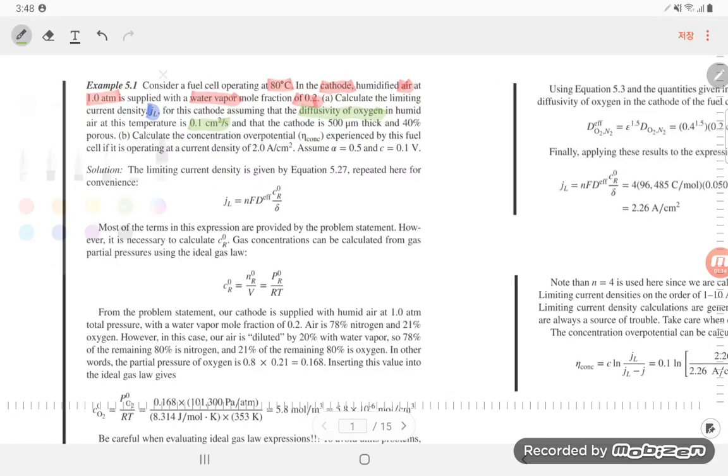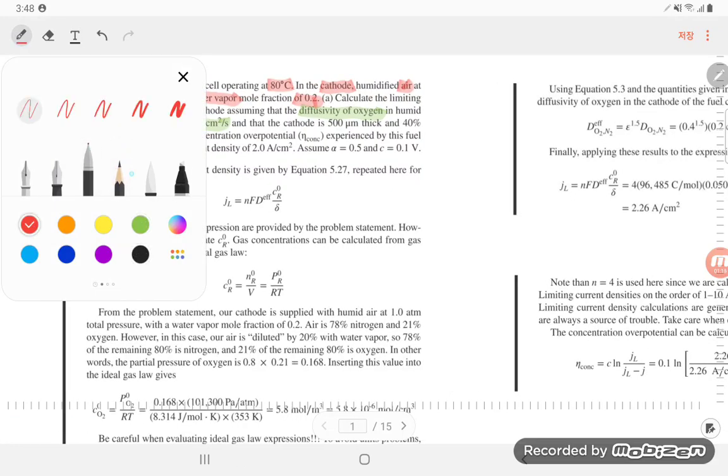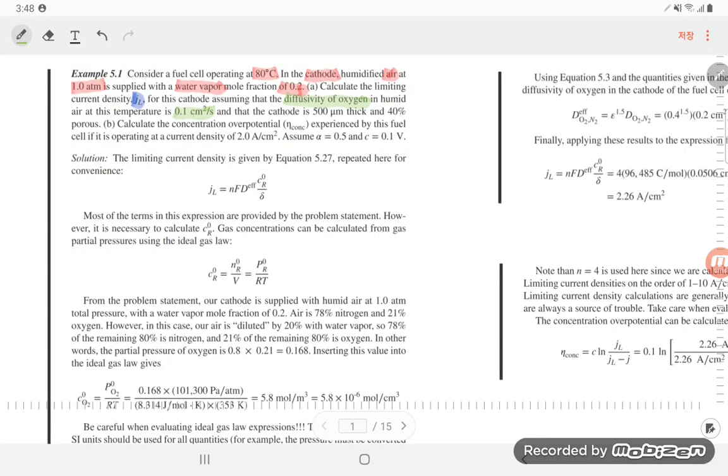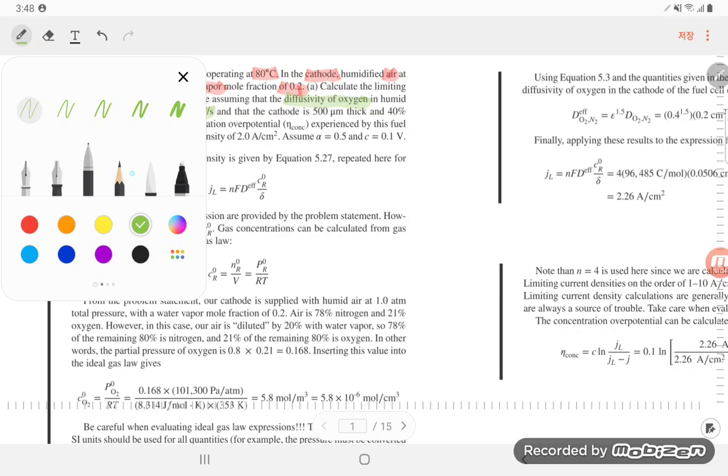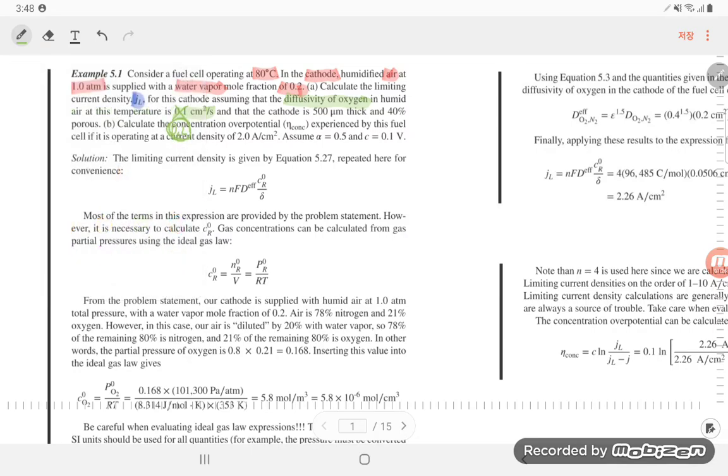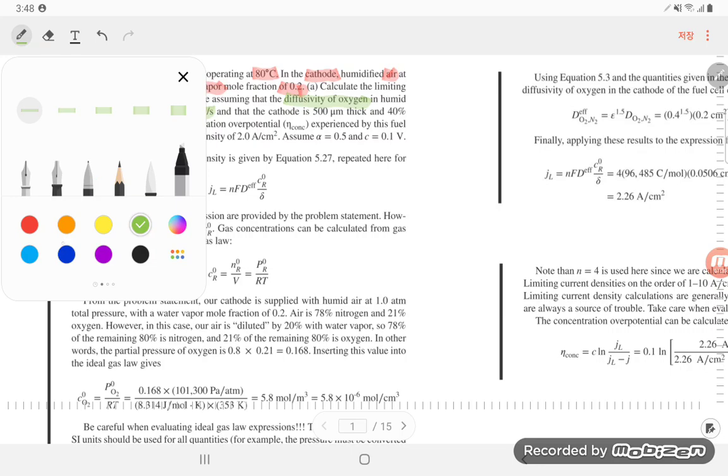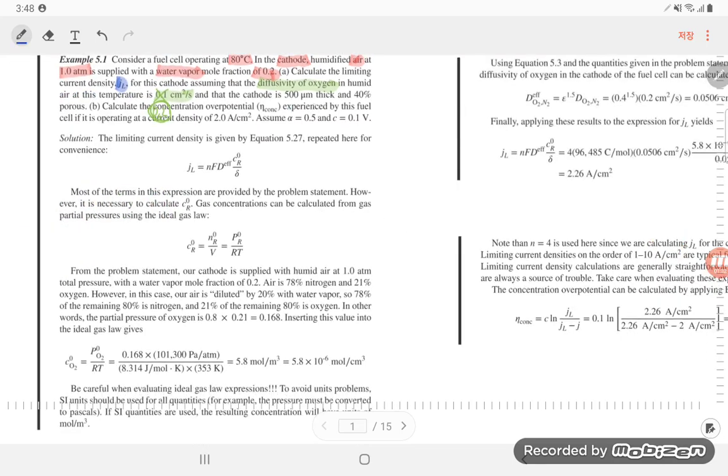But actually they use 0.2. And the cathode is 500 micrometer thick and 40% porous.